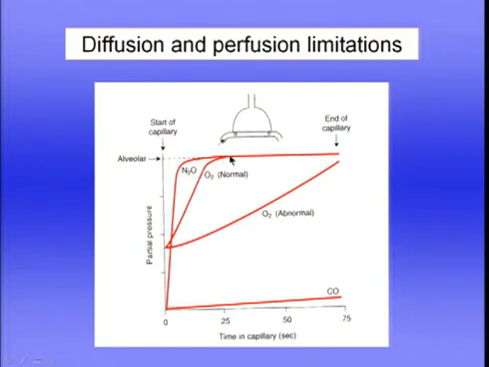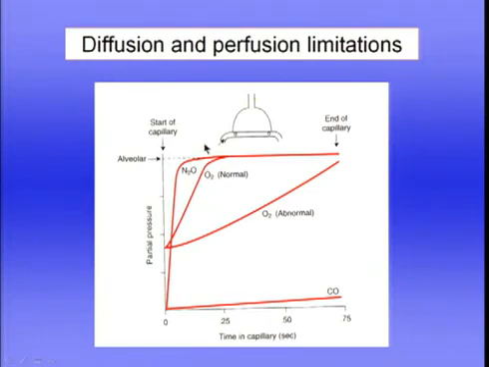So by the time we've got about a third of the way along the capillary, in 0.25 seconds, a quarter of a second or so, the PO2 in the blood is essentially the same as that in the alveolar gas. And therefore, for the rest of the time that the blood spends in the capillary, there's no further increase in the PO2. So clearly under those conditions, the uptake of oxygen is perfusion limited, okay? In other words, it's already diffused to equilibrium here, so diffusion is not a limiting factor.